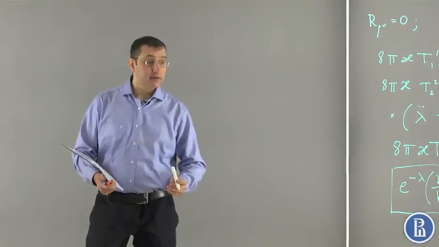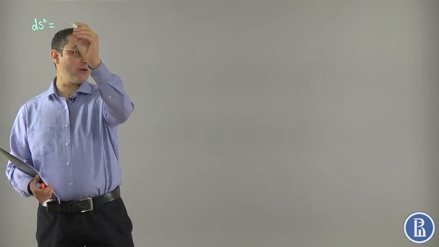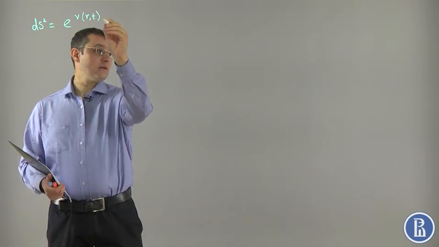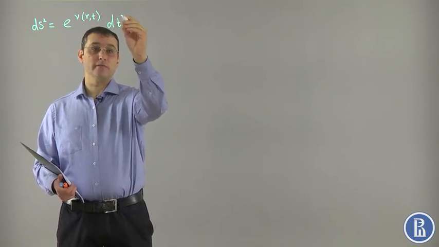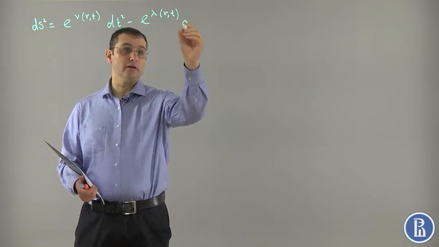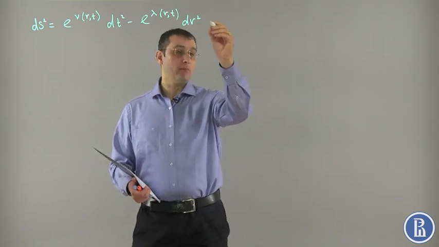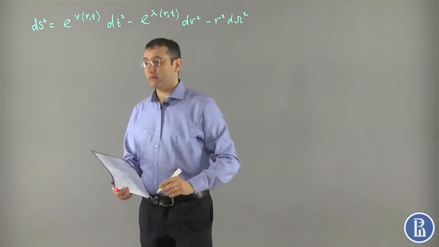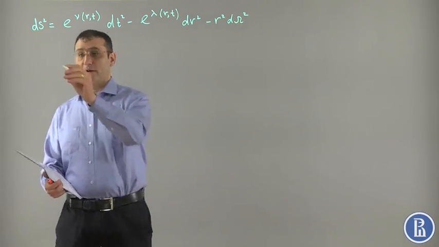Now we want to look for a non-trivial solution of these equations. So for the metric of the form e^{nu(r,t)} dt squared minus e^{lambda(r,t)} dr squared minus r squared d omega squared, we have obtained the following equations.